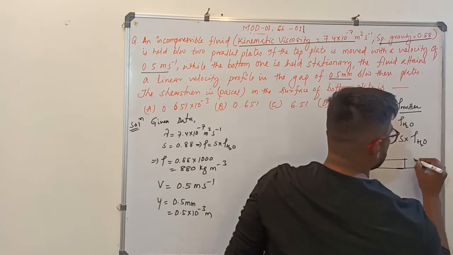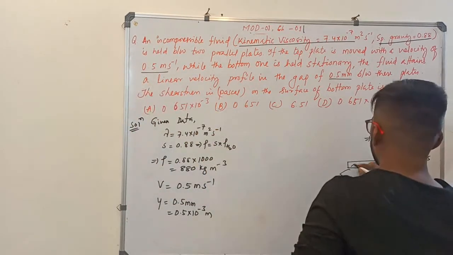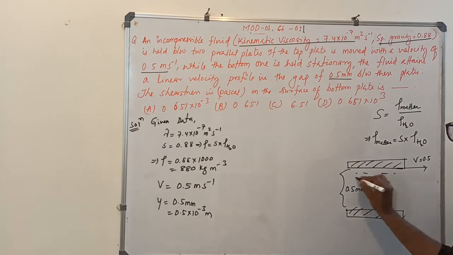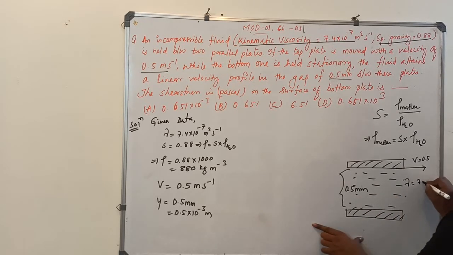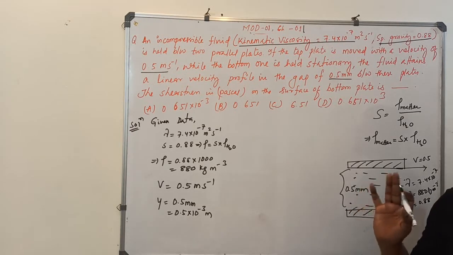The top plate is moved with a velocity of 0.5 meter per second. You have some fluid here with nu of 7.4 into 10 to the power minus 7, density 880 kg per meter cube, and specific gravity 0.88. Now they are asking for the shear stress.